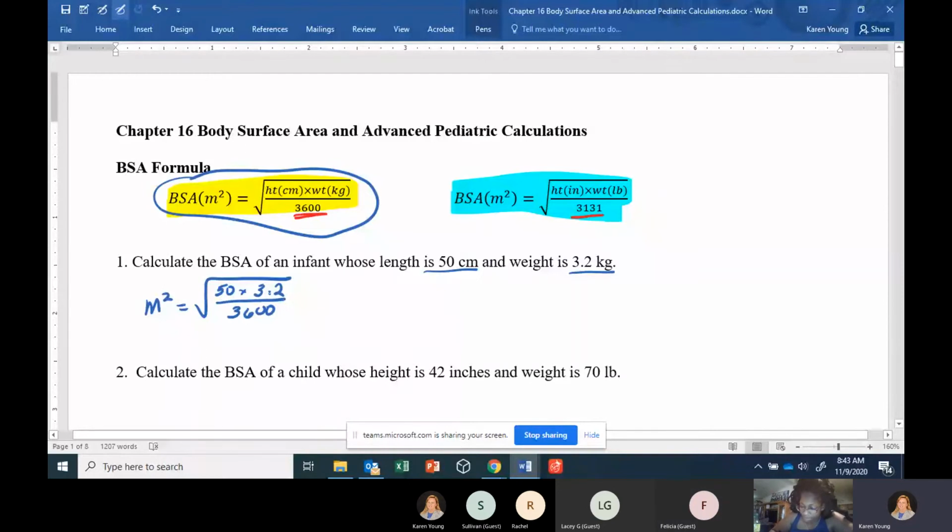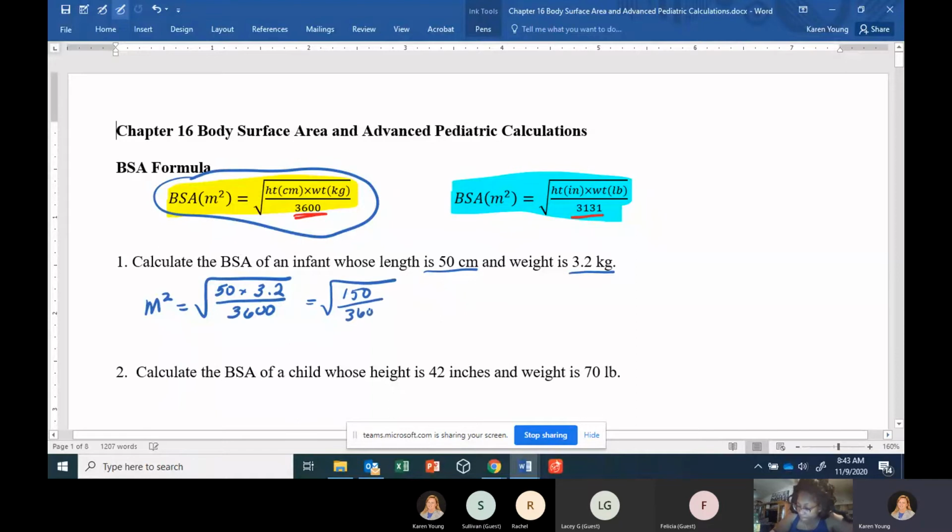It's just plug and chug. You're going to plug in your numbers for your height, your weight, and then what I'm dividing by. I'm going to work what's inside the square root first. Take the square root of that answer last. So, find my calculator again. So I'm doing 50 times 3.2, and that's 160.